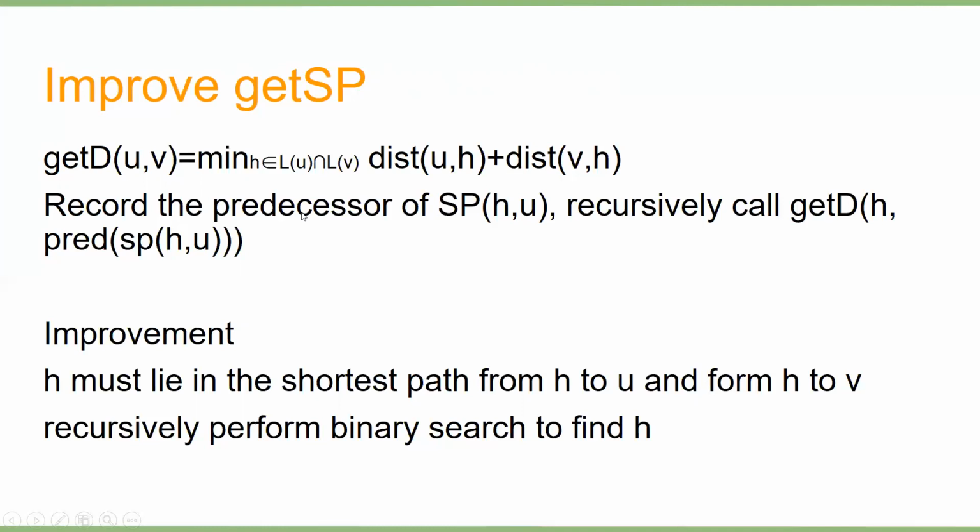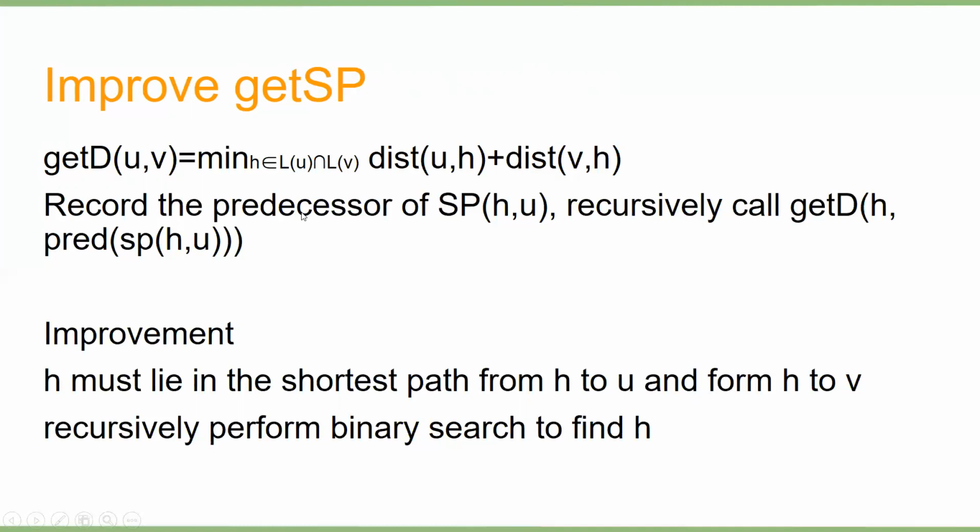First of all, we calculate the distance between u and v and get the medium node h. The known method is to record the predecessor of the shortest path between h and u during the construction, and recursively call get distance between h and the predecessor of h and u, to get the shortest path between h and u. We recursively call get distance for h and the predecessor of h and v.